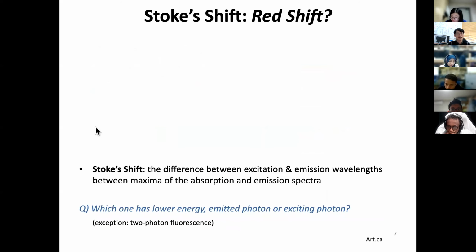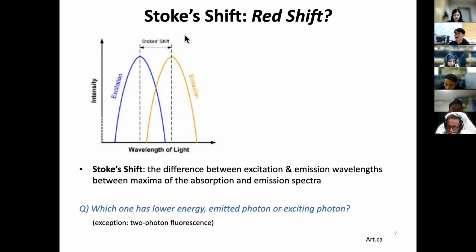And now we will discuss a person who first observed this and put their name on it. That's the Stokes shift. In simple words, I describe excitation wavelength and emission color, but in reality it's a little more complicated. The molecule has its own energy states, so the excitation is not just one line in wavelength, it actually has a broad wavelength range, while the emission light also has a broad wavelength range.